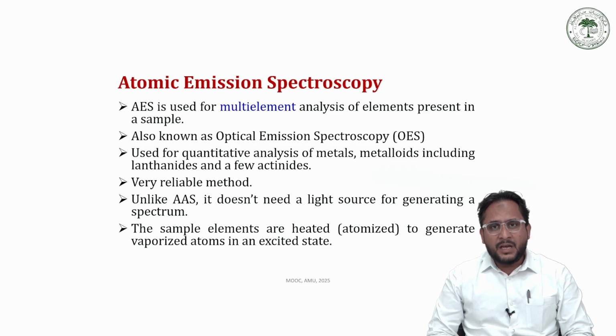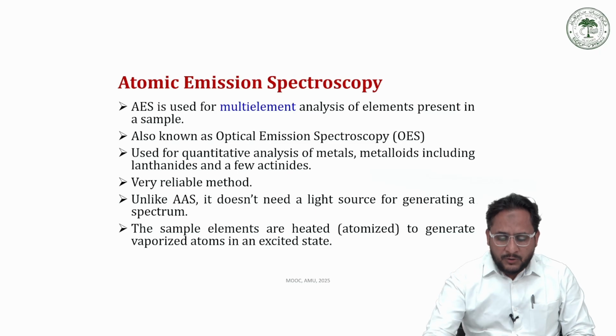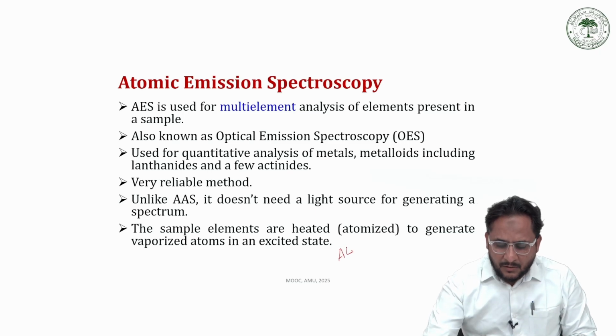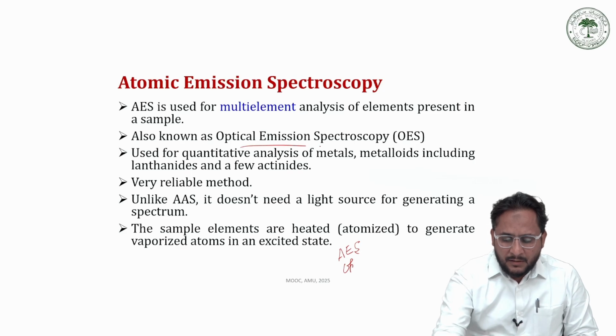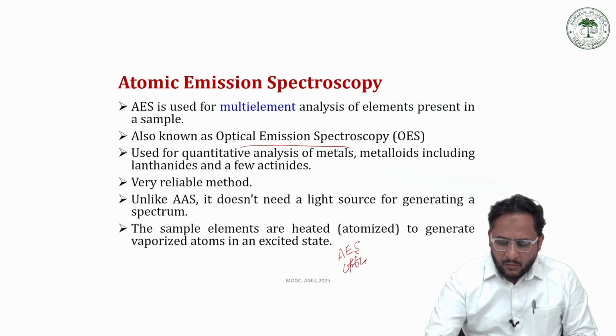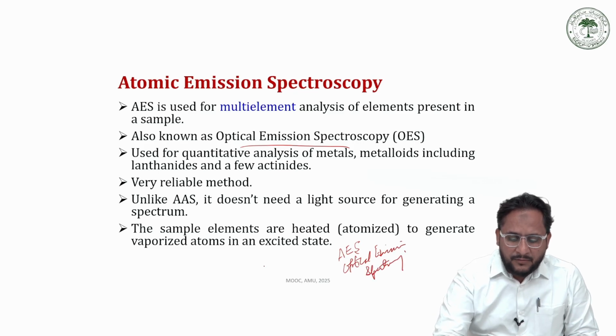While atomic emission spectroscopy, also known as AES or optical emission spectroscopy, OES, can be used for the analysis of around 75 elements of the periodic table.